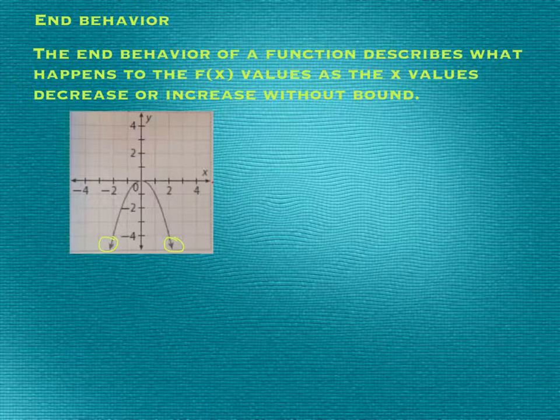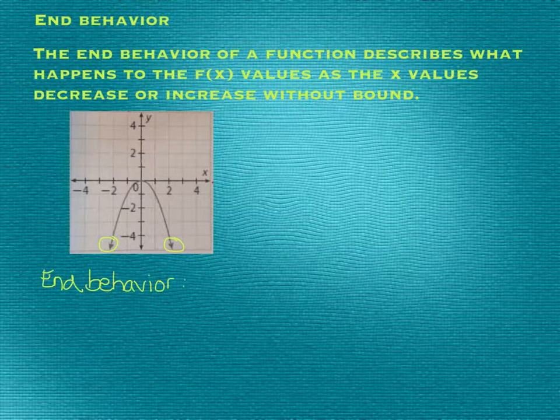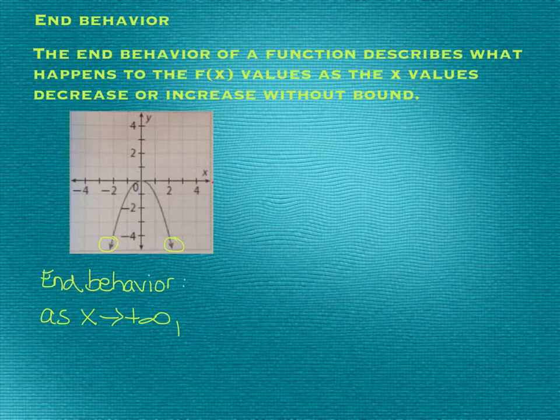And so here's how you would write it. For end behavior, you're always going to say as x, and then you draw this arrow, which means approaches, positive infinity, comma, f of x approaches, and then you look at it. As the x's are going this way, the y's are going this way, aren't they? Because it's going right and down at the same time.